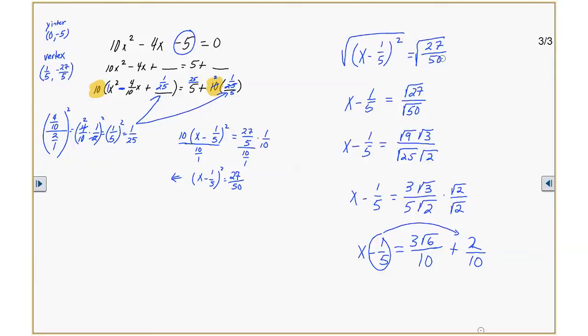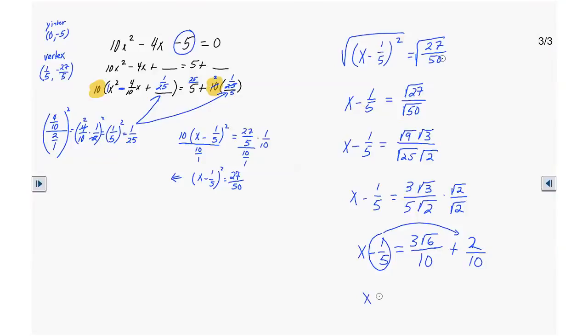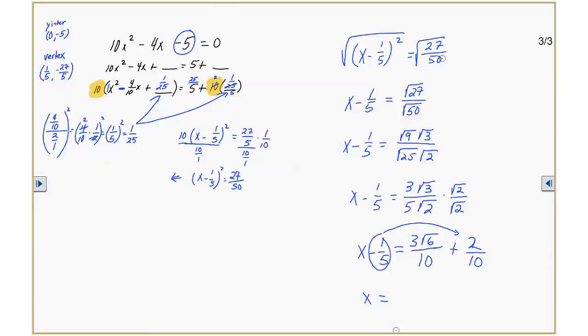So, our x-intercepts: x is equal to plus or minus 3 square root of 6 plus 2 over 10, since we've got a common denominator. I don't know the value, because I've got to figure out what the square root of 6 is.